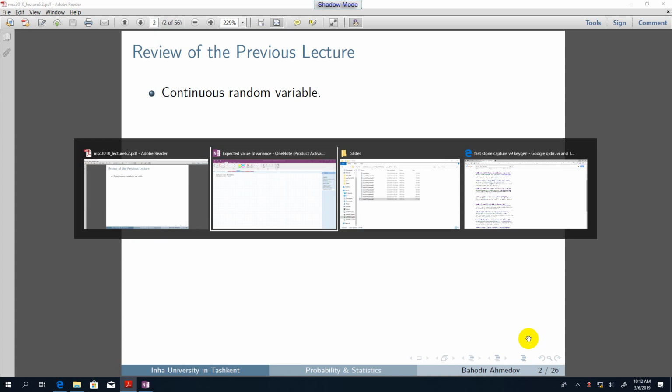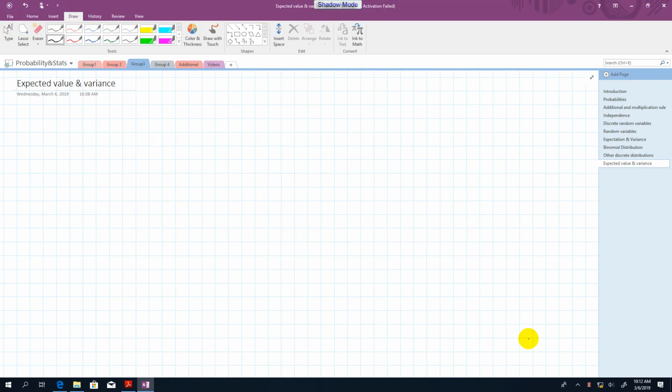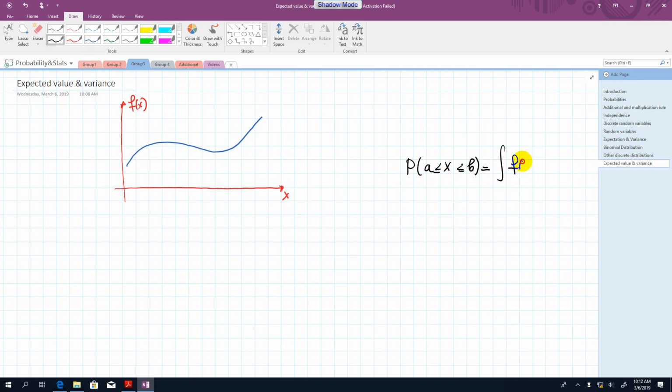So the last time we said that the function which tells us about the distribution of the continuous random variables is called the density function, right? The density function. So it has a couple of properties. We evaluate the probability of x in some interval or in some set by integrating the density function in this interval, right?